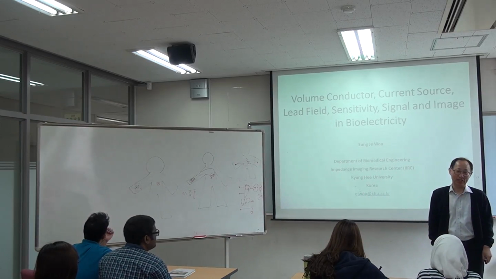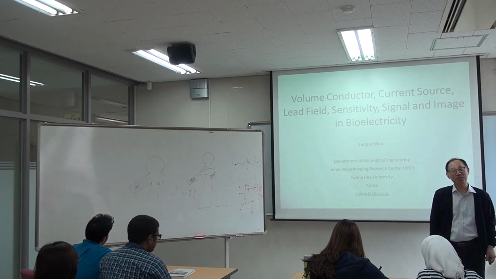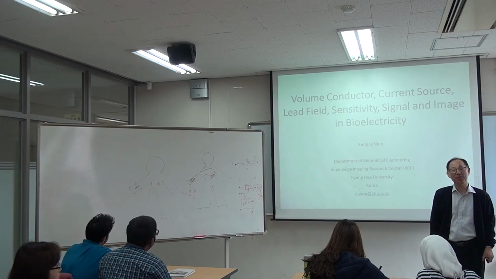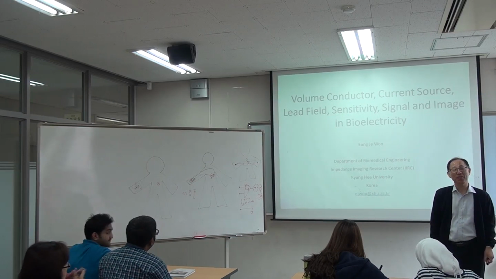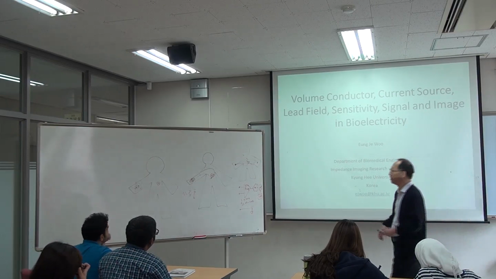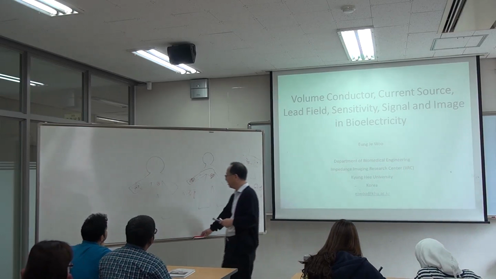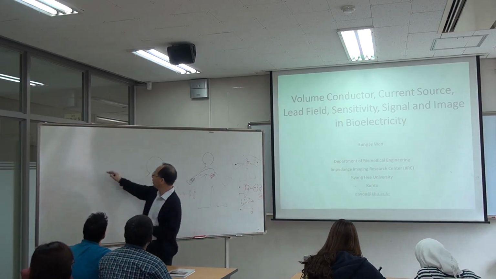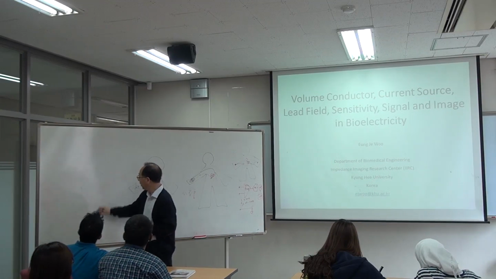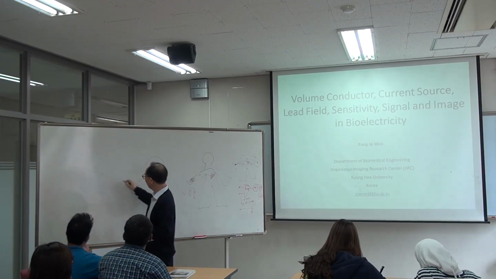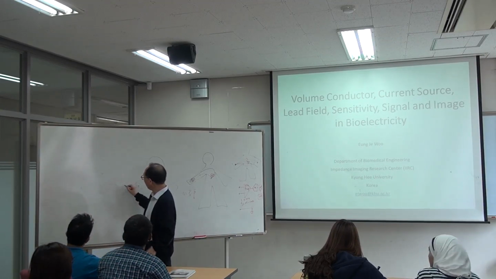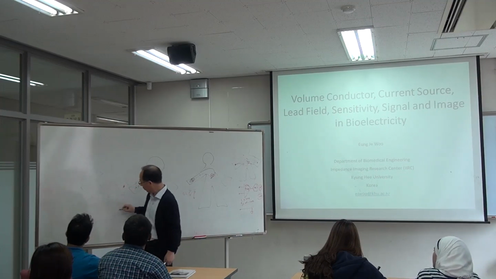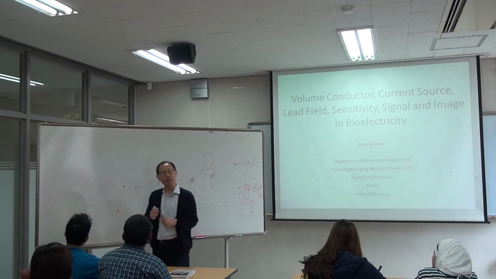So if we apply just 2 electrodes above the heart and down, like here and here, instead of this configuration, so here's the heart. If we attach 1 electrode here and 1 electrode here, can you measure the ECG signal?